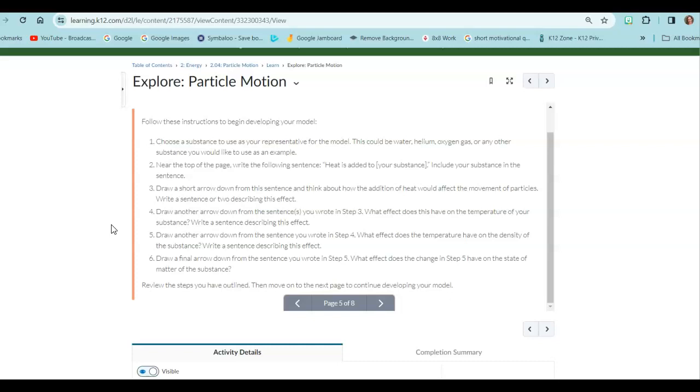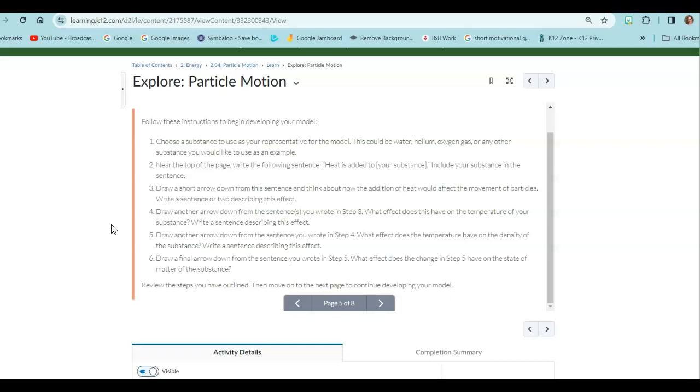So these are things that you would have gathered from the lessons before. We know that heat transfer goes from hot to cold. So any area of heat, heat is going to leave your substance and try to be at basically room temperature.